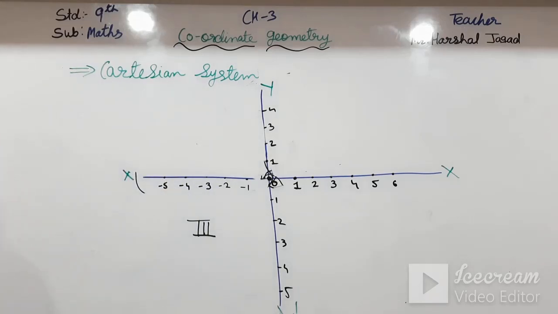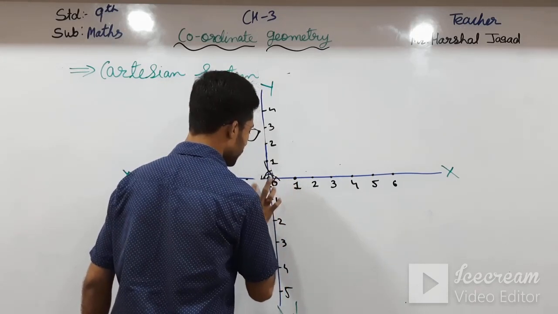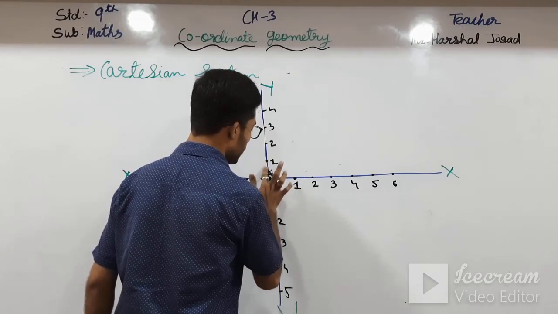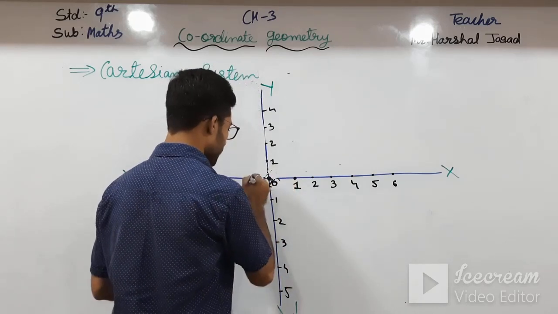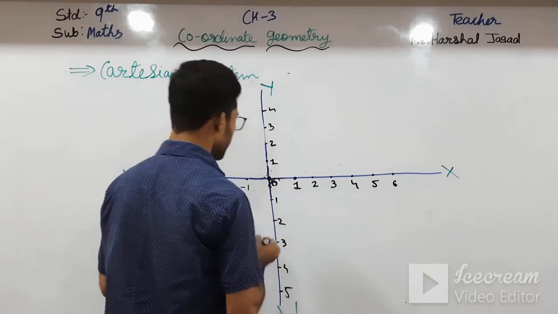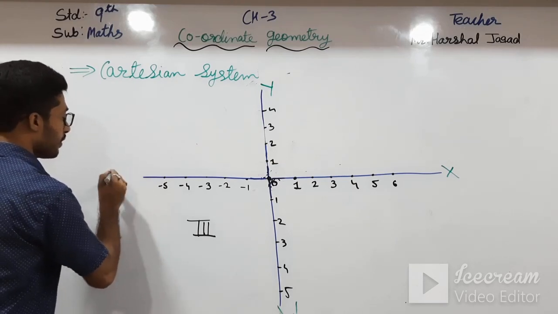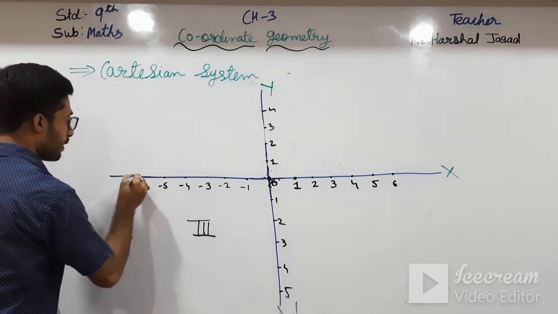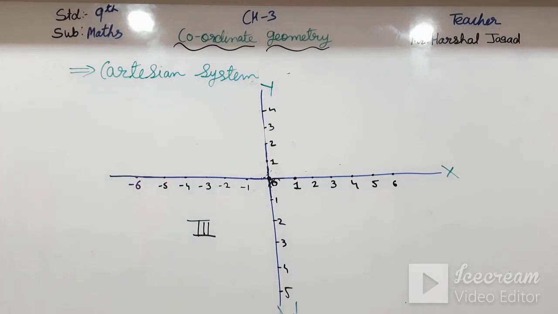Okay students, why do we have to do modification? We have to draw this line bigger because here we have to write -6, and now it is okay.